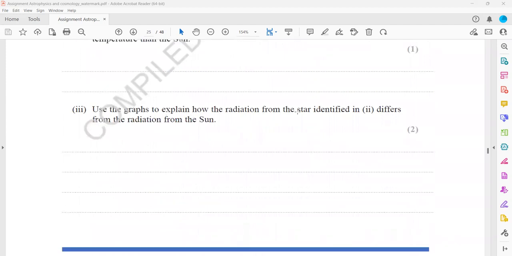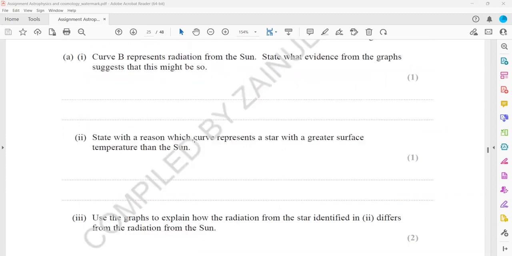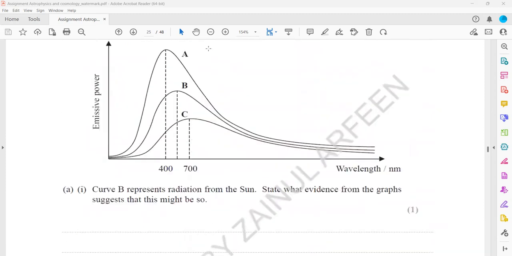Use the graph to explain how the radiation from star A differs from the radiation from the Sun. So how are these two radiations different? The curve peaks at a smaller wavelength. As you can see, the star emits more blue or ultraviolet radiation, whereas the Sun gives most of its light within the visible region. The area under the curve is larger and the peak of the curve is higher, so the star has a greater power output.